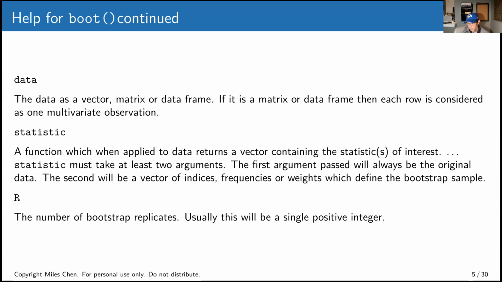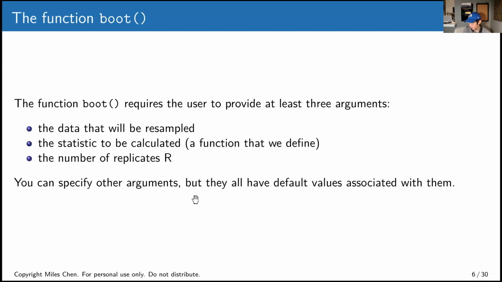And then the last value that you need to provide when you call boot is the number of replicates, some number like 5,000, 10,000, or maybe something else, some integer value for how many replicates you need.